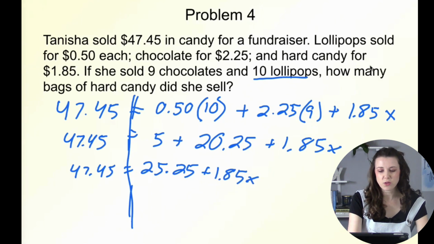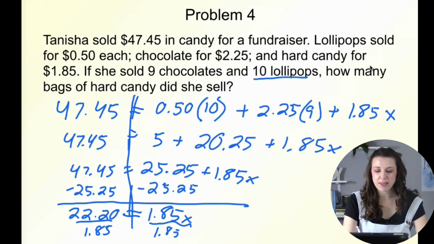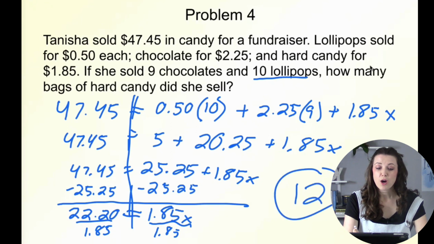So now subtract the 25.25 from both sides. And I have 22.20 equals 1.85x. So now I divide both sides by 1.85. And our answer ends up being 12. So Tanisha sold 12 hard candies.